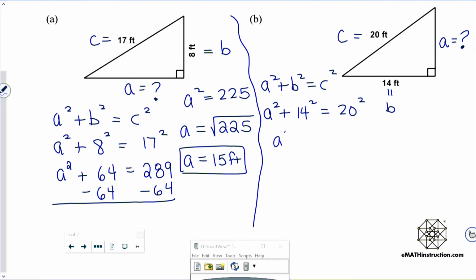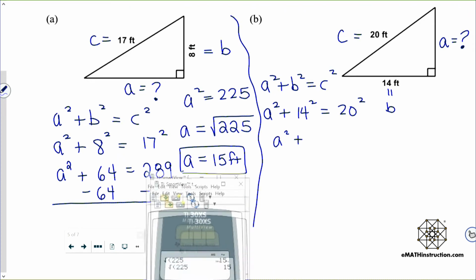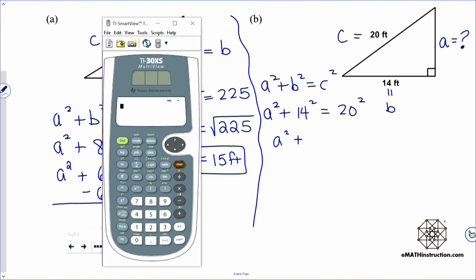All right, 14 squared is one that sometimes I remember and sometimes I don't, and that means I like to check it. I think it's 196, yep. 20 squared, that's not so bad. Now I've got to subtract that 196 from both sides.